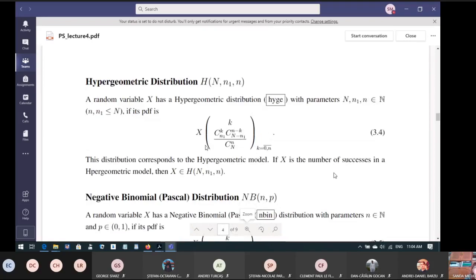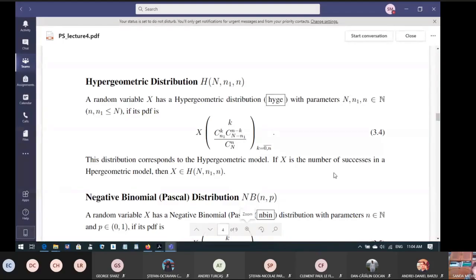Then we go to the next one. Remember, the hypergeometric model was the version without replacement of the binomial model. Other than that, we're interested in the same things: number of, let's say, successes in n trials. But being without replacement, that changes everything, including the parameters.